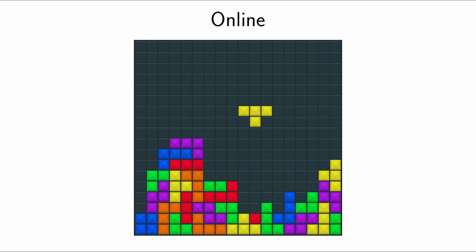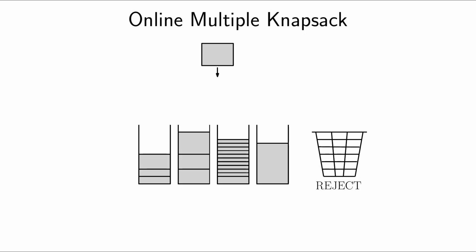The changes described so far are minor in comparison to the last change. We consider online knapsack. In contrast to the offline version, now we no longer have access to all items at once. All we see is the current item. The sequence of items arrive one by one.